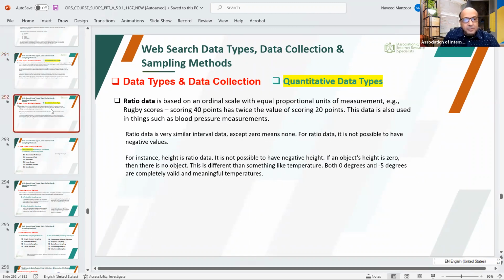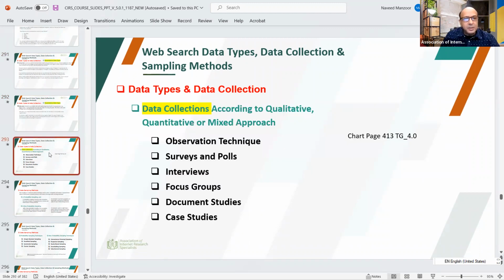Okay, so interval data, ratio data, that's just to give you an idea that there could be different types of quantitative data sets that are dependent on the nature of the surveys, and how you instruct your application software, or anything that you're utilizing as a tool to do your analysis, to distinguish between the type of calculations.